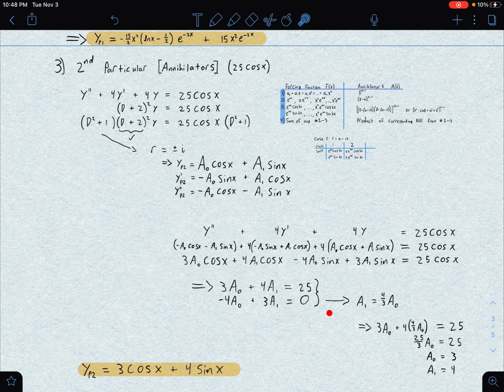Just from this bottom equation, we get that a1 equals 4/3 a naught. Plugging that into our top equation, we get 3a naught plus 4 times 4/3 a naught equals 25. Combine and distribute, and we get 25/3 a naught equals 25. So a naught equals 3. Plugging that back in, we get a1 equals 4, which means our second particular solution is y p2 equals 3 cosine x plus 4 sine x.